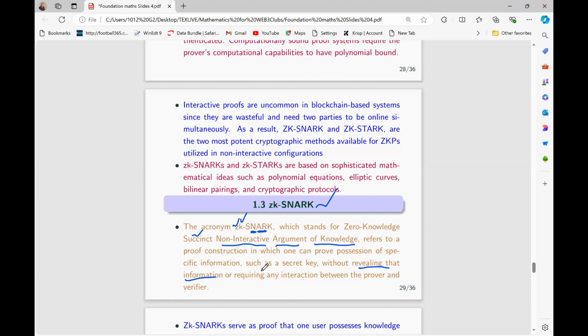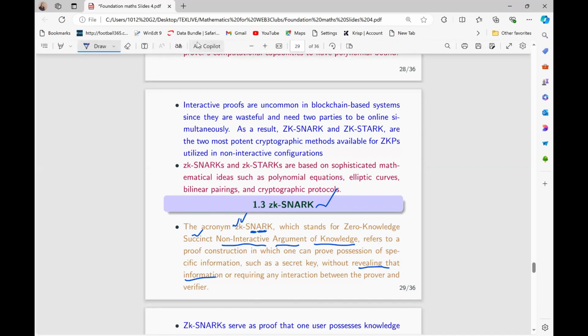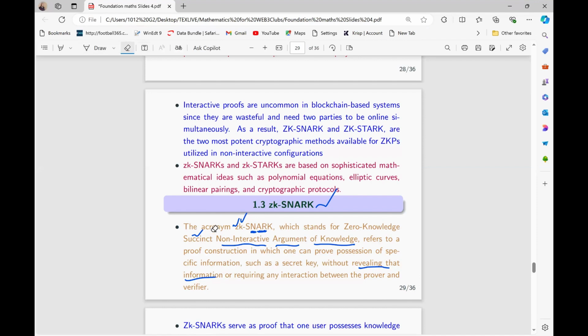Now, the other thing is that the prover and the verifier don't need to meet. They could be doing this online.